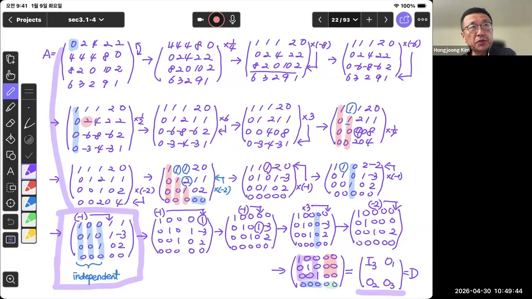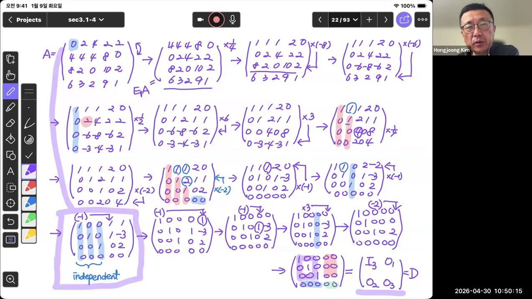Given matrix A, the first step was to interchange the first and second rows of A to get this new matrix. Now, this new matrix can be written as some elementary matrix times A, say E1, right? And what is E1?